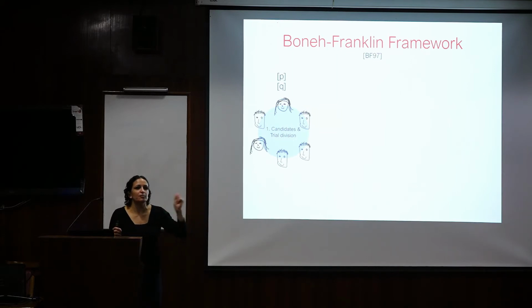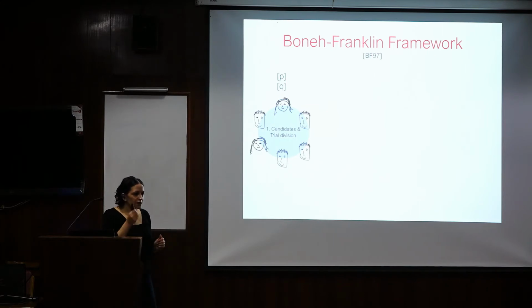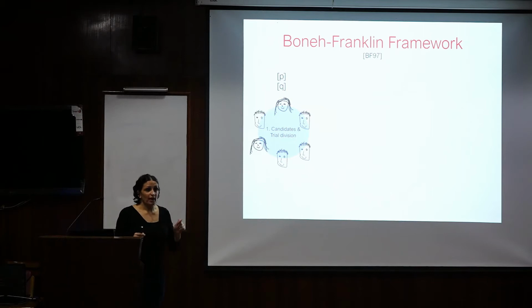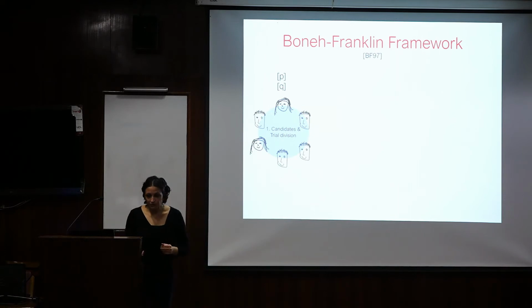The bound is actually a parameter to the protocol because there is a trade-off. So if I first run a trial division and eliminate all the prime candidates that do not pass the test, then I can substantially reduce the number of trials. So this is what they do in this first phase.